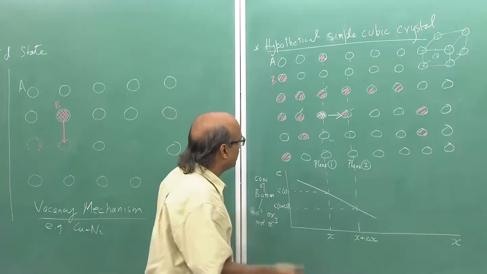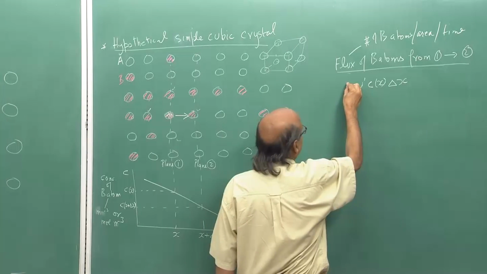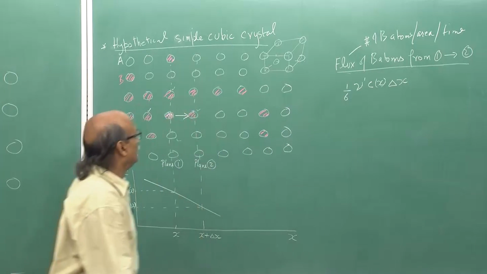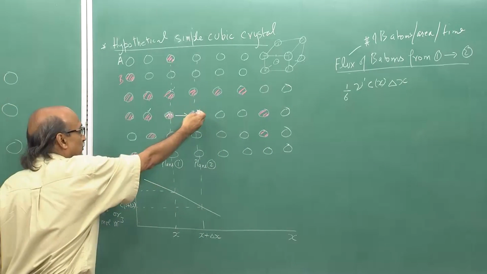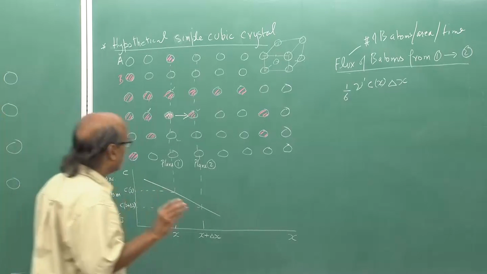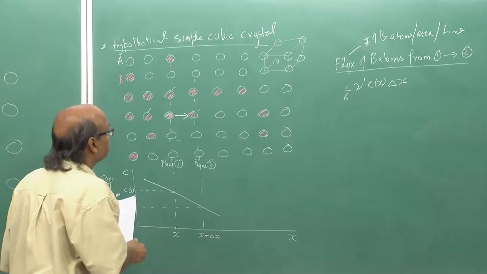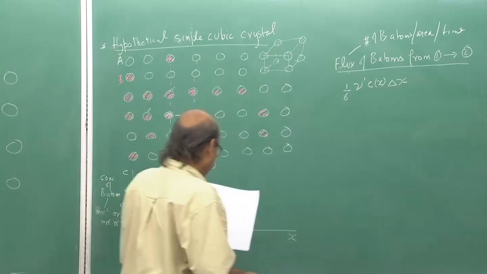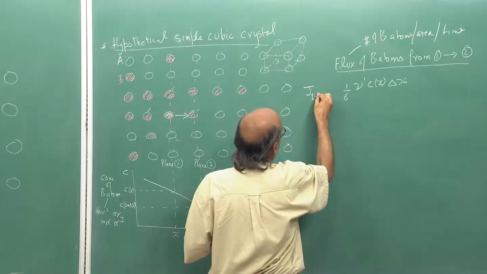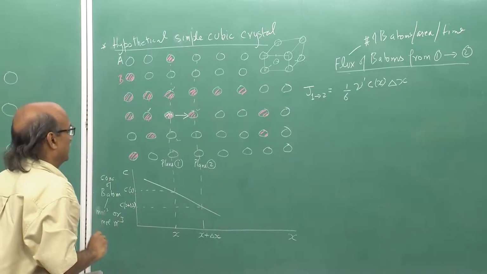Hence, the probability of an atom jumping from 1 to 2 is 1 upon 6, and of course this jump frequency, which would take into account the position being vacant, etc., would also be there. We are going to talk more in detail about the jump frequency later. So, this gives me the flux from 1 to 2 of B atoms per unit area per unit time.